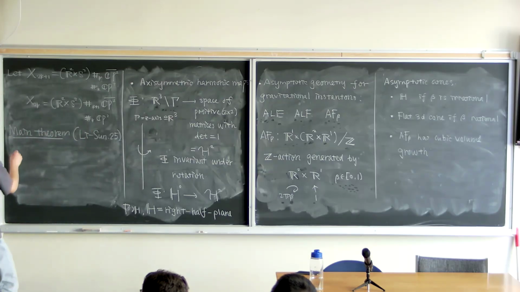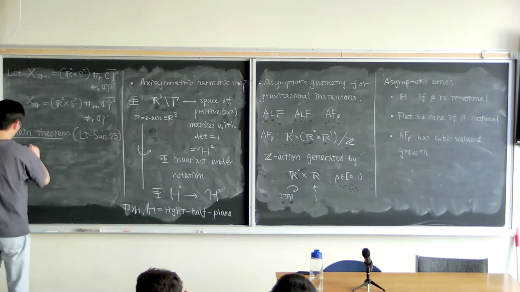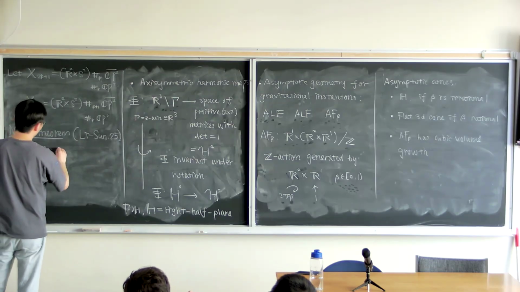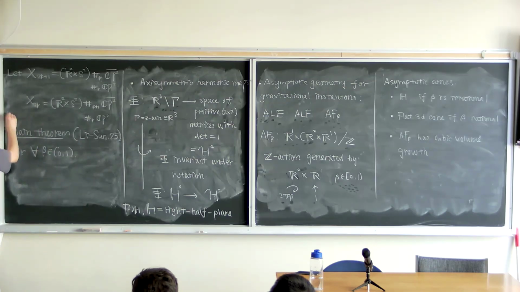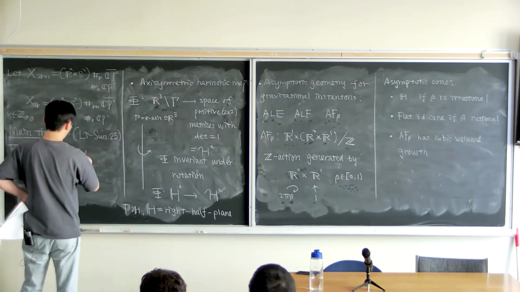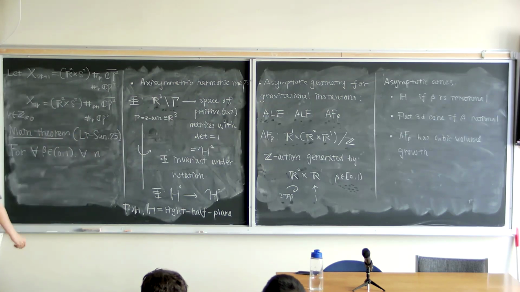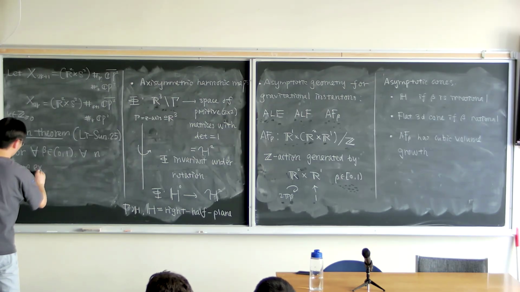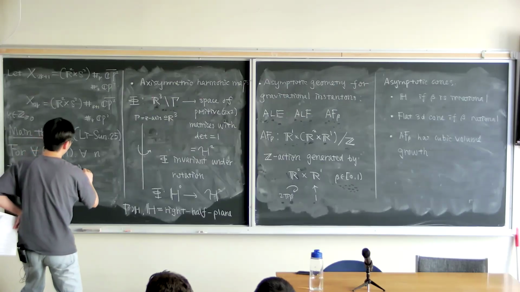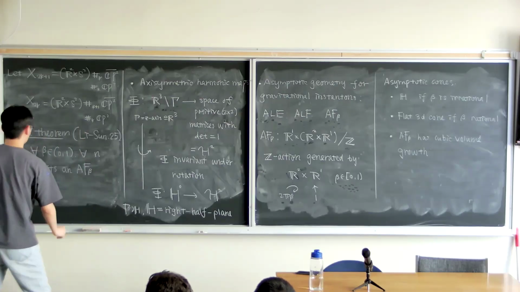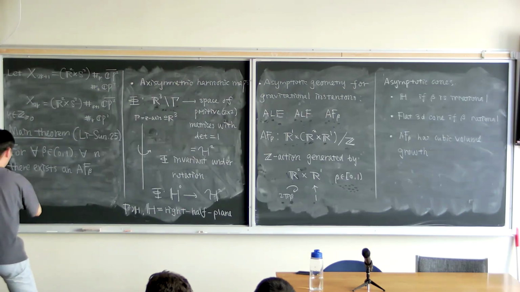It says that for any beta strictly between 0 and 1, and k here is a non-negative integer, and for any integer n, there exists an AF beta gravitational instanton on X_n.